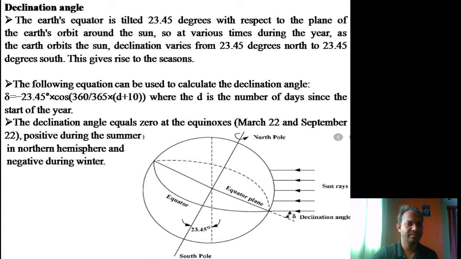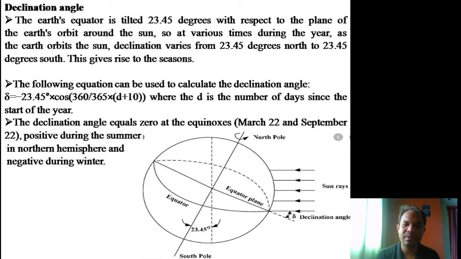Now, how can we calculate the declination angle as the earth keeps rotating? Delta is equal to minus 23.45 degrees times cos of 360 divided by 365 multiplied by (d plus 10), where d is the number of days.